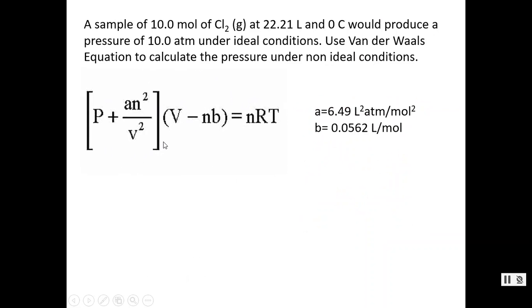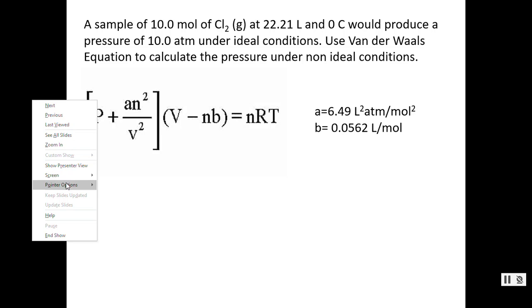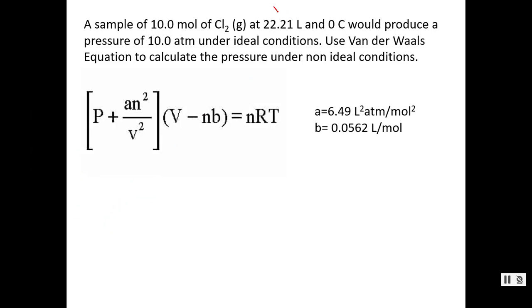Here I have the van der Waals equation. When you do this on MindTap, you will be given the associated a and b constants for the particular substance of interest. The a and b constants I have given you here are for chlorine. You see they have really funky units because of how they are derived and measured. But using those values, and using the appropriate volume, temperature in Kelvin, and mole values, I can solve the van der Waals equation for P. First I need a little bit of algebra.